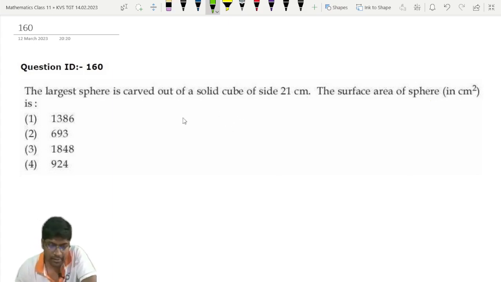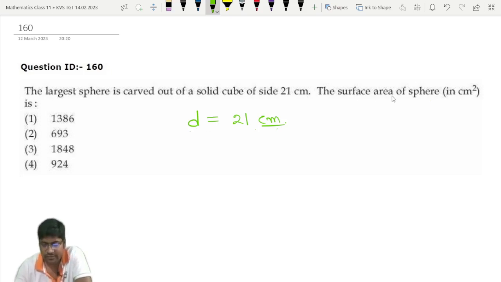The diameter will be equal to 21 centimeter. That is the main concept here. After that, everyone can do it. That is the largest sphere that can be carved out of a solid cube of side 21 centimeter.